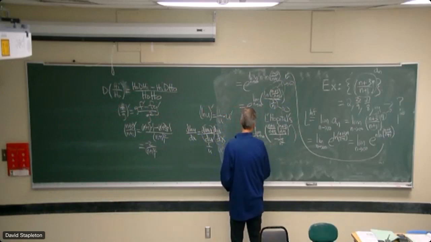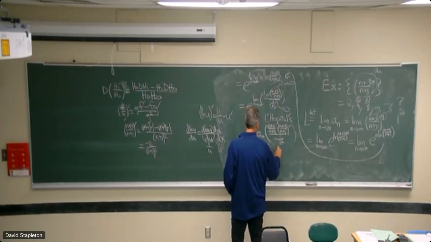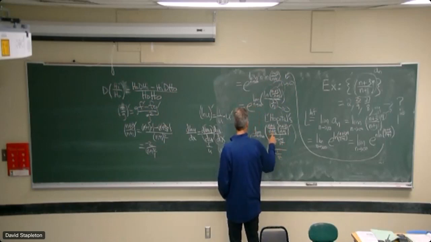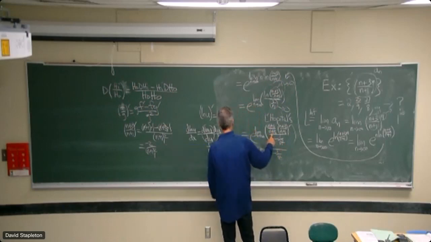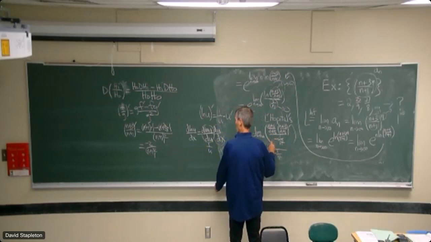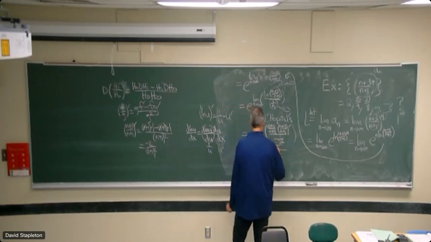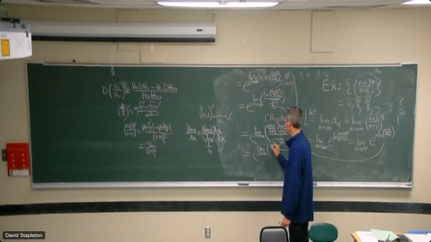All right, so this is e to the limit as n goes to infinity of, put this minus one over n squared here still. And on top, I've got n plus one over n plus three times minus two over n plus one squared. Is that what? Minus two over n plus one, n plus three.